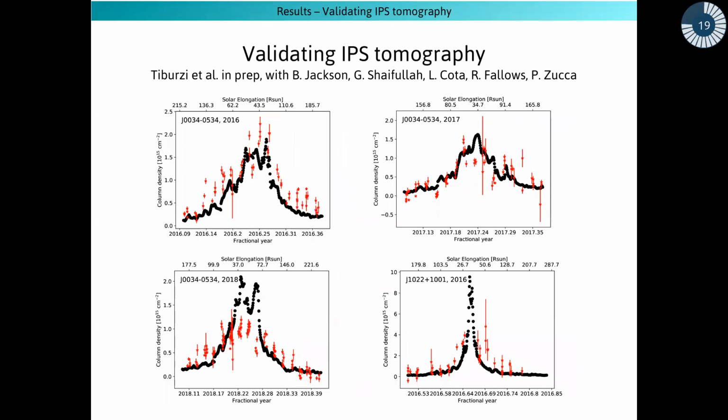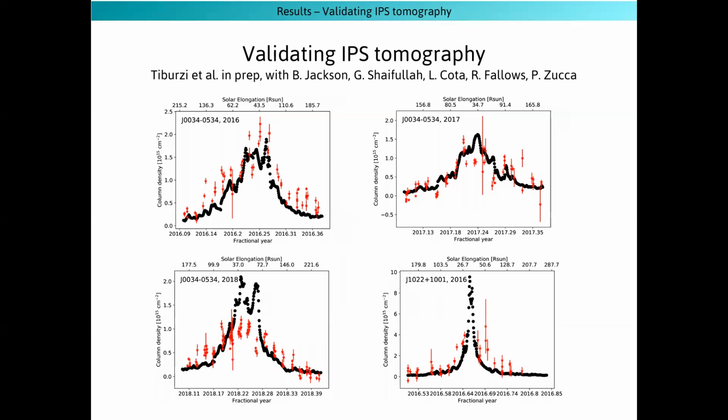Other two works that we are carrying out now are related to the validation of software that can simulate the conditions in the solar wind in 3D, such as IPS tomography and EUHFORIA. What we are doing is to simulate the conditions of the solar wind with these softwares, including the distribution of particles and free electrons.